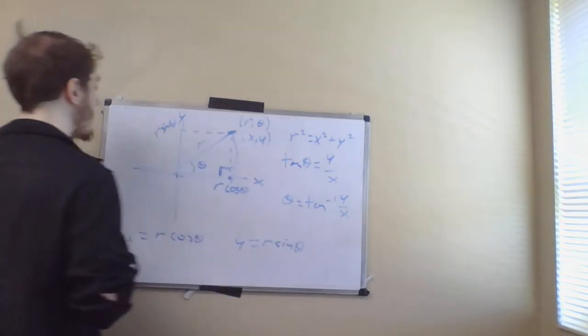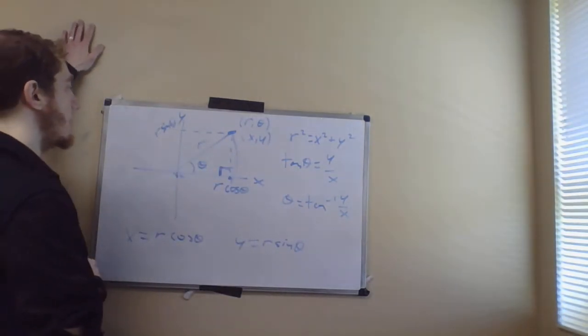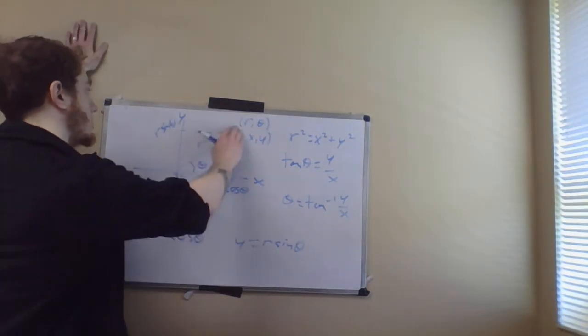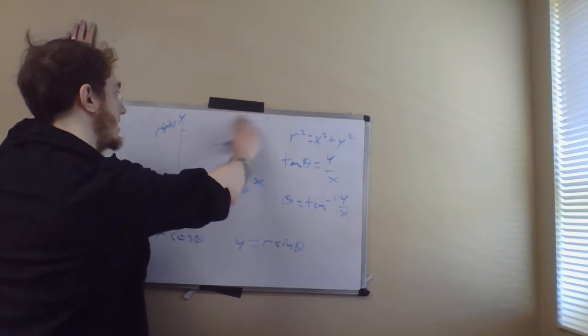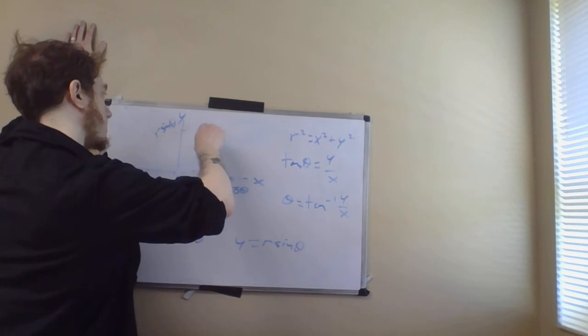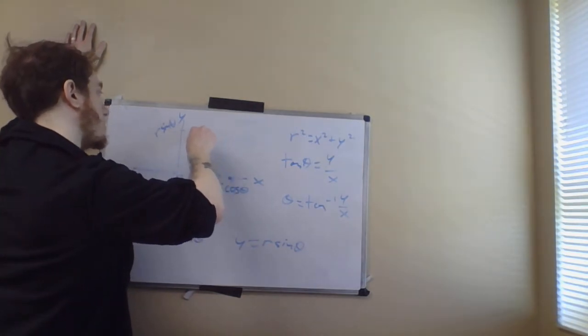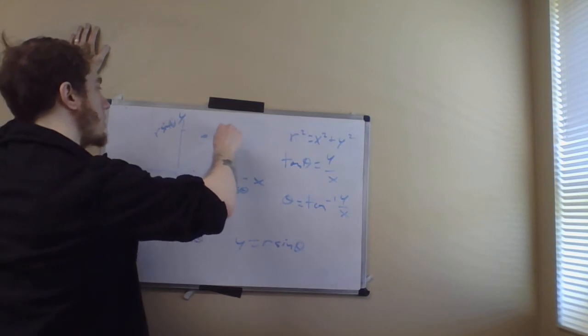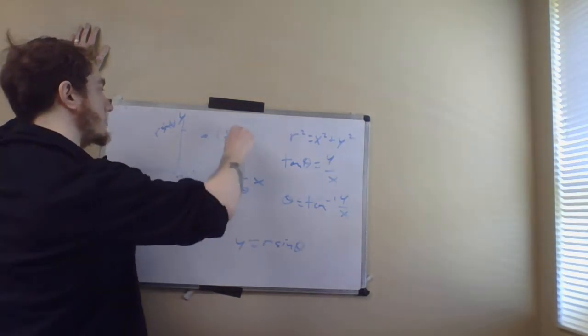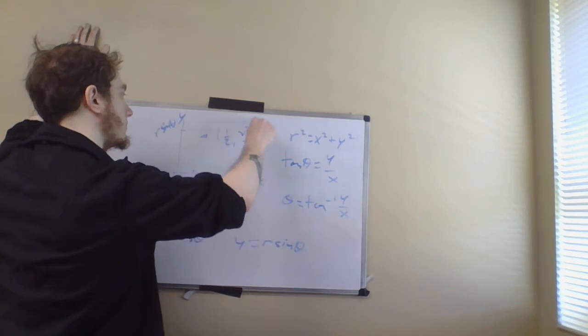For instance, if I wanted to talk about, what's a good point to do? Let's say that I want to do this point here. I don't want this to be super complicated. So let's say that it has the coordinates (1/2, square root 3 over 2).